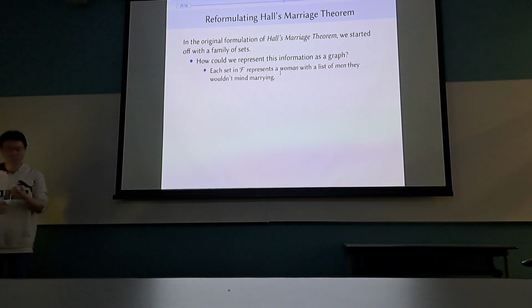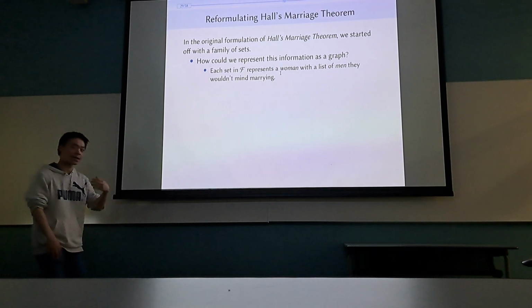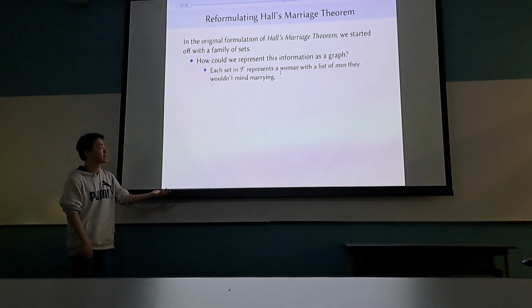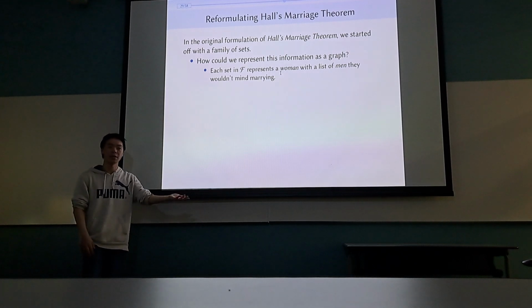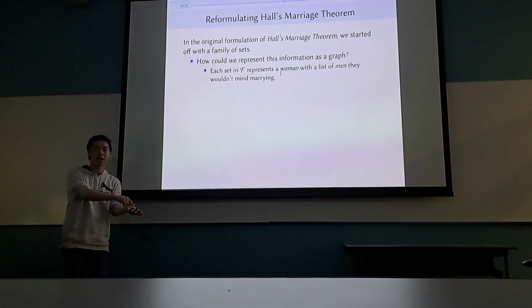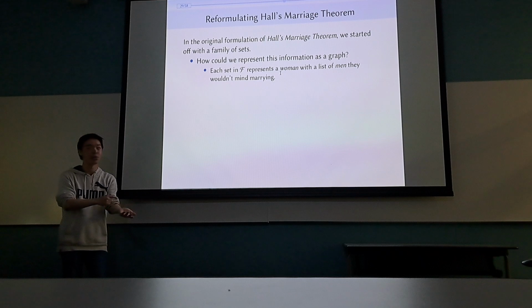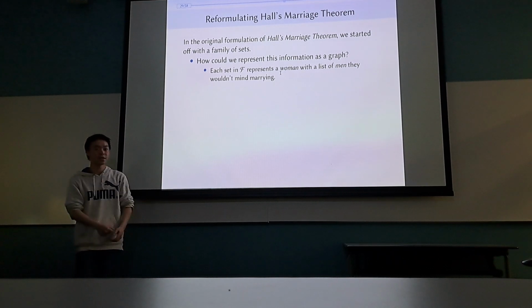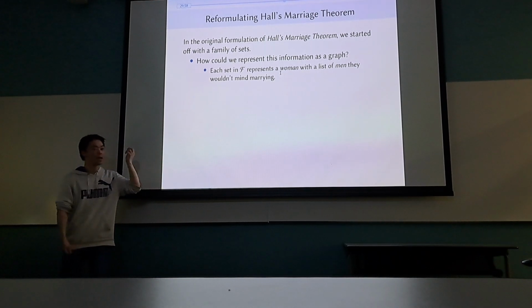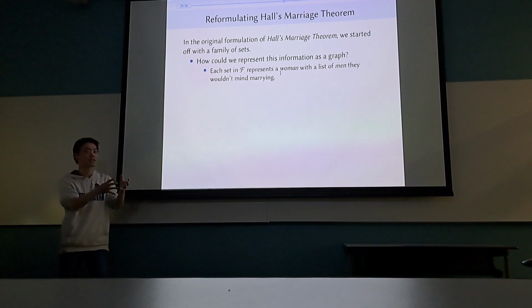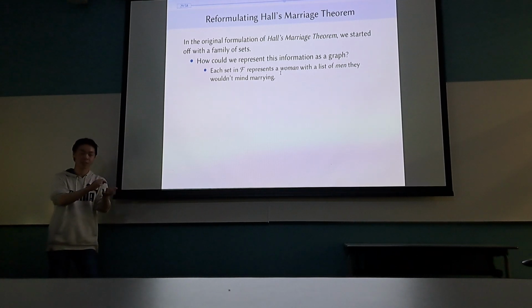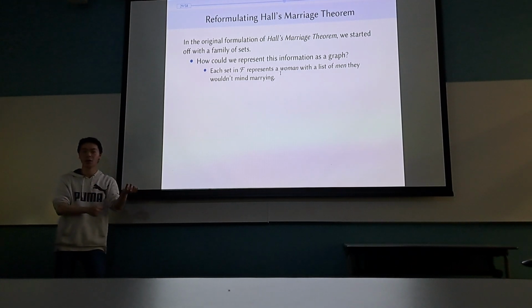One easy way is to say every single set in F will represent a woman, and a woman will have a list of men that they want to marry, right? You can think of the elements inside the set of F as the men that the woman is okay to marry.